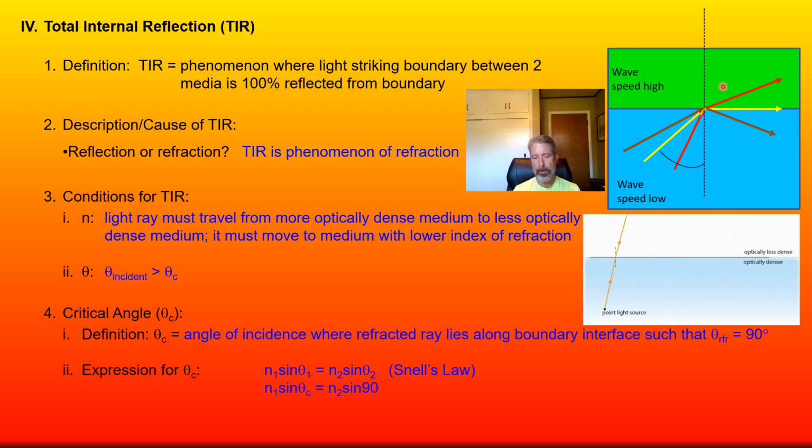For theta 1, or the angle of incidence, we'll put in theta sub c, the symbol we use for the critical angle. And for theta 2, we have the special angle of refraction of 90 degrees, in which case when we solve this for theta sub c, we get that theta sub c is the inverse sine of this ratio of n2 to n1: the refractive index in the transmitted medium to the refractive index in the incident medium.